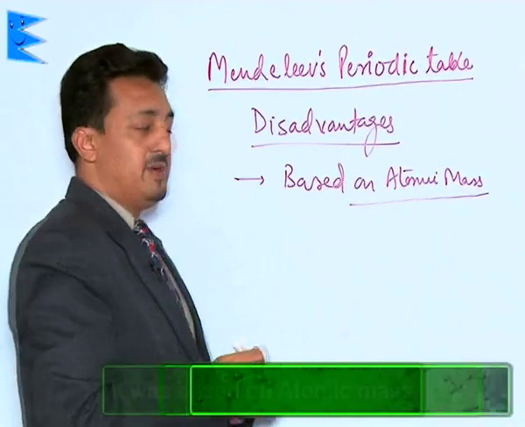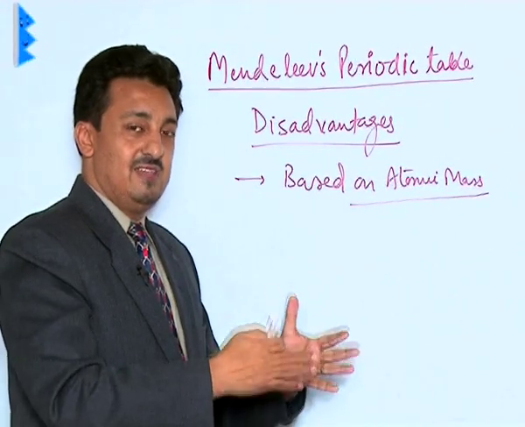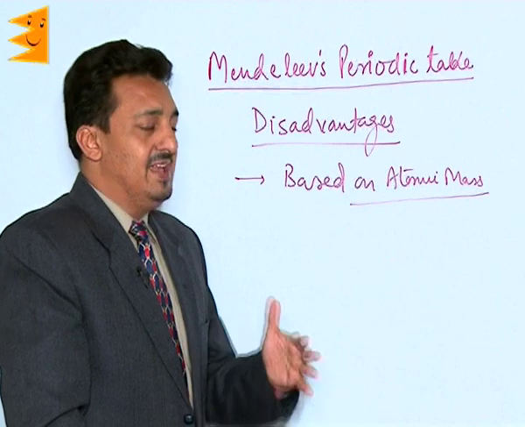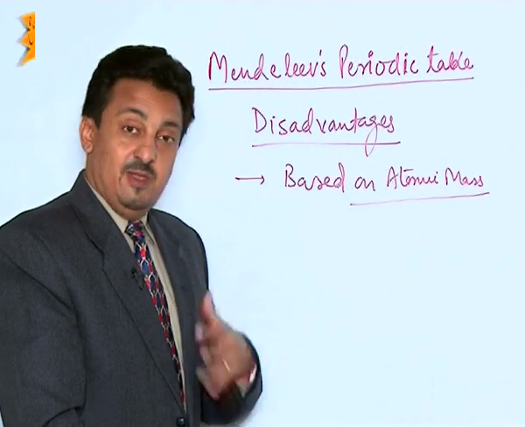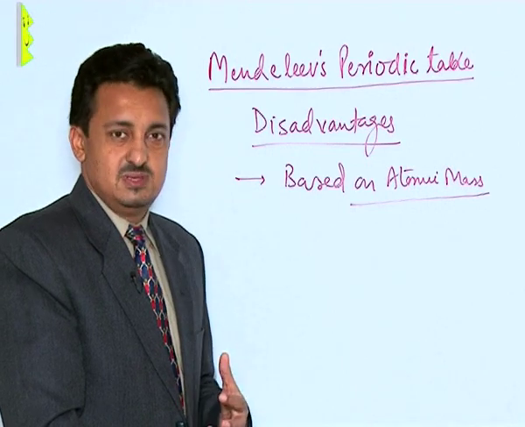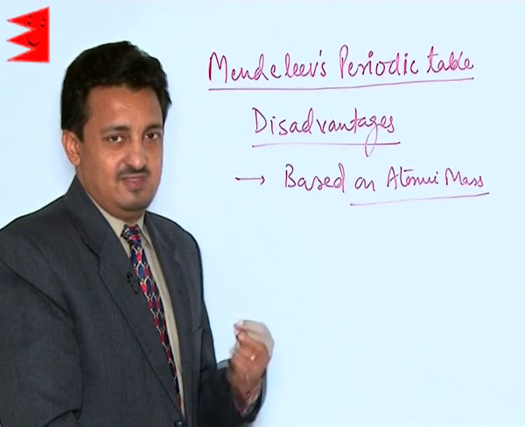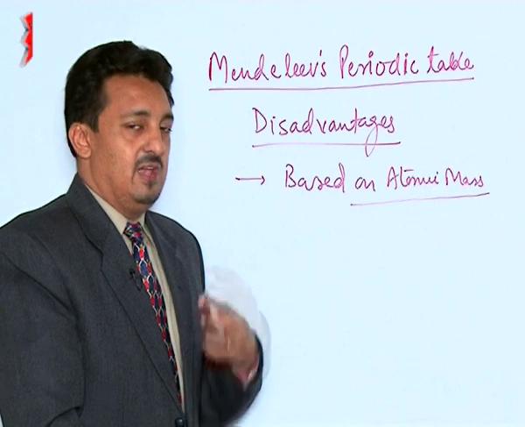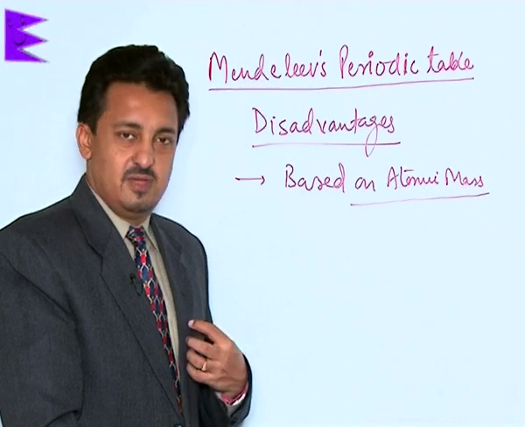He said the properties of the elements are functions of the atomic mass, but he didn't give any explanation of how and why they are based on atomic masses. That was the biggest disadvantage, because we know atomic mass is not the fundamental property.